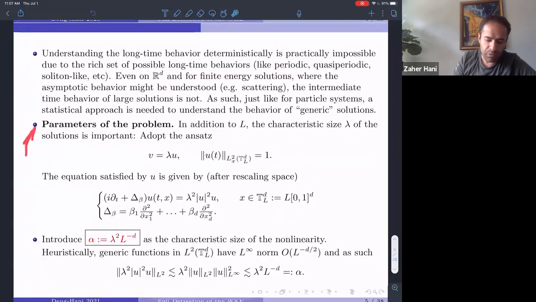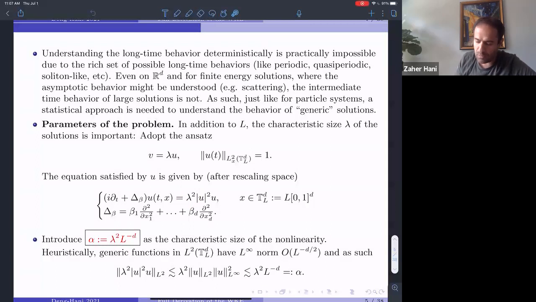The other important parameter of the problem, in addition to the size of the torus L, is the characteristic size of the solutions. In order to emphasize that, we will adopt the ansatz V equals lambda U, and think of U as having size of order 1 in L2. The L2 norm is conserved. Then the equation satisfied by U is essentially the same as that satisfied by V, but there's a lambda squared inside of the nonlinearity.